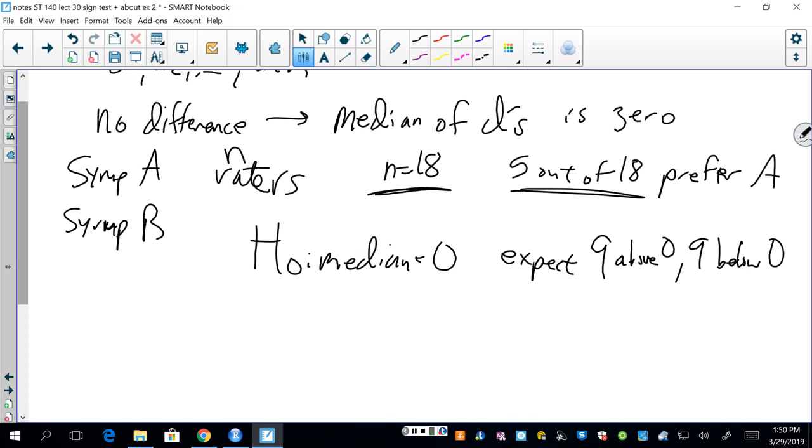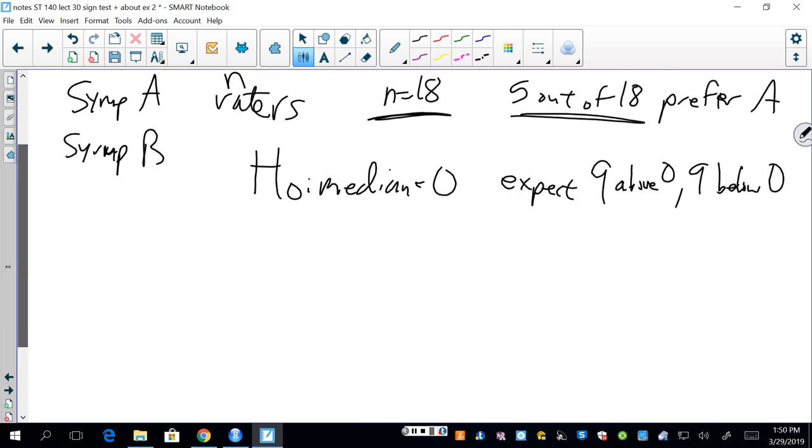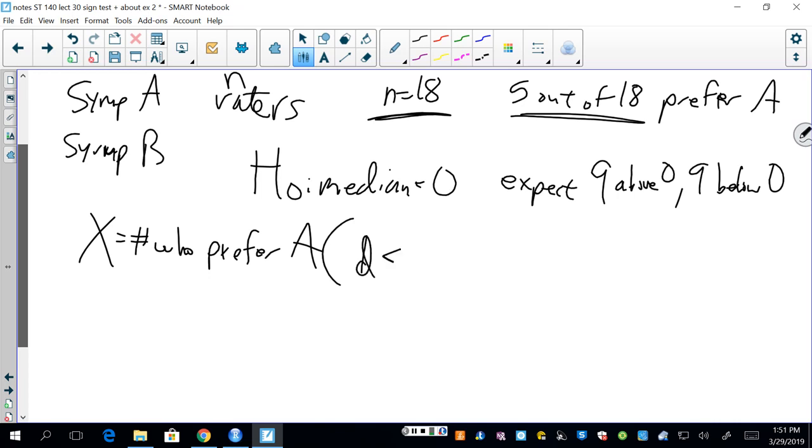So in our hypothesis testing, we calculate the tail area: the probability you get what you saw or more extreme under the null hypothesis. Since it's less, if x equals the number who prefer A, the value of D would be less than 0, the way we're subtracting it.